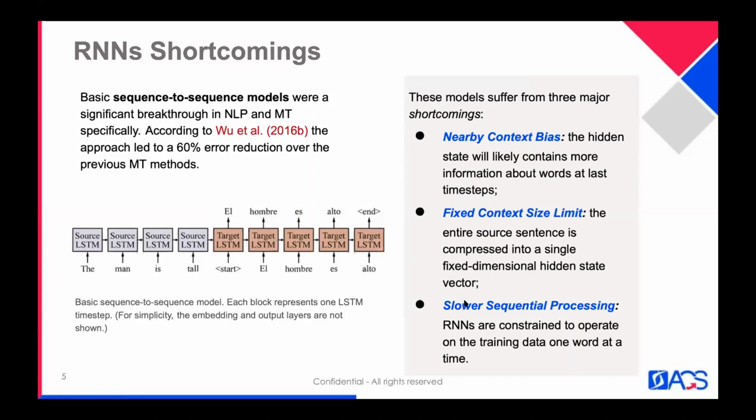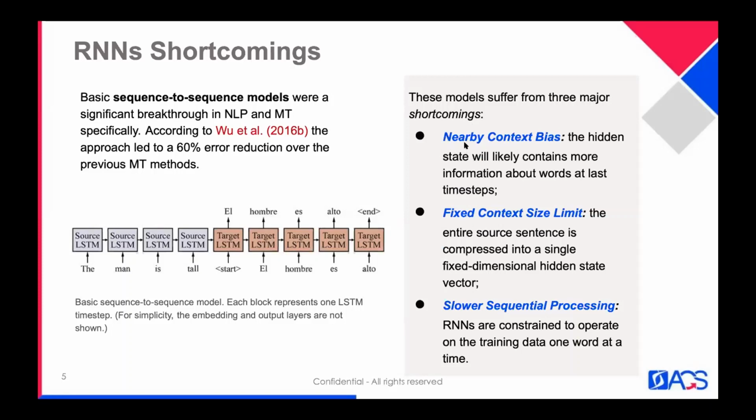And third, slow sequential processing, because the RNN works sequentially. When you have to process a word, you have to wait until the previous word is already processed.